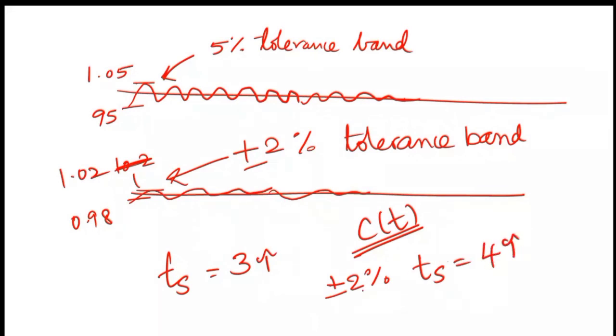So, the unit of the settling time is seconds, as we know that the time constant unit is second. So the settling time for 5% tolerance band is 3 time constants. For 2% tolerance band, it is 4 time constants.